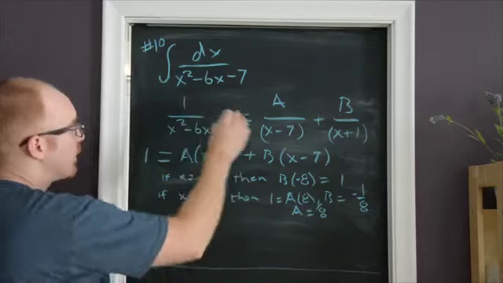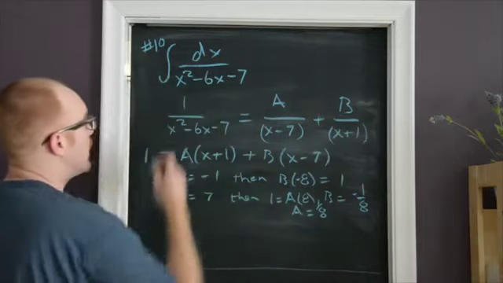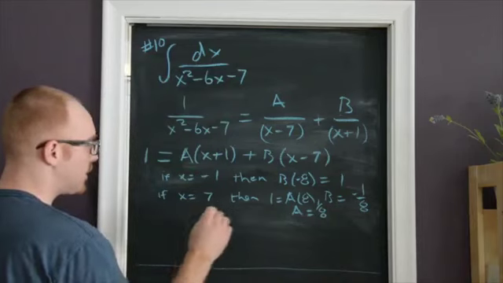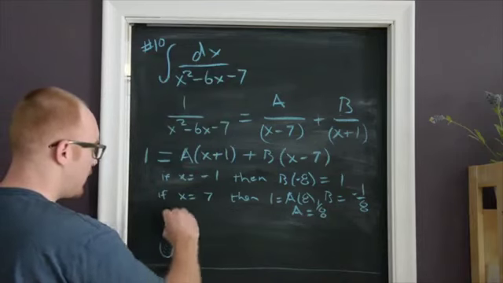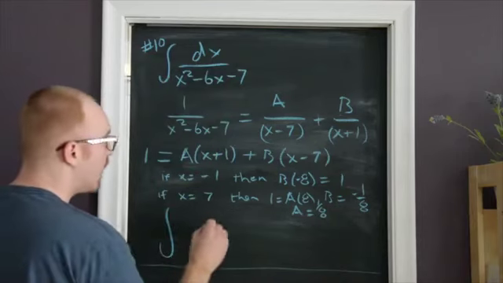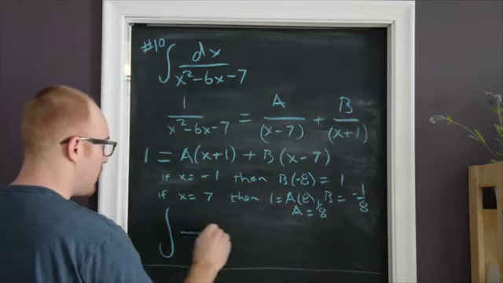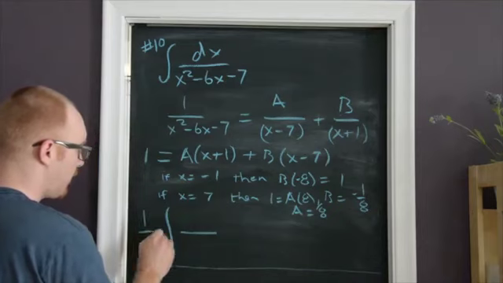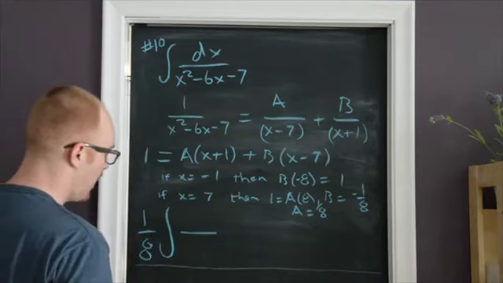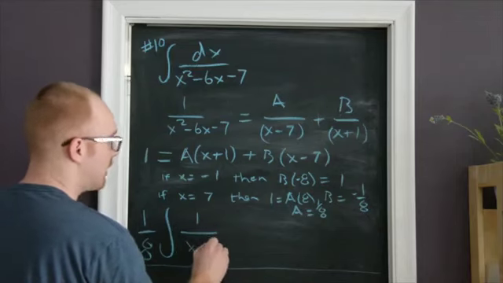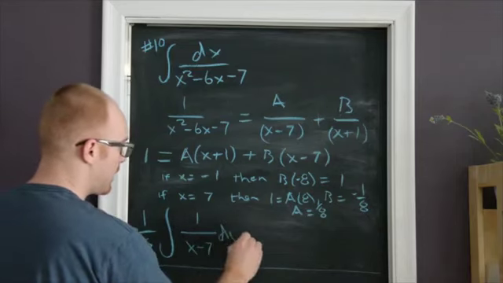So we could rewrite our integral using these two fractions now as opposed to one rational expression. So we get the integral of A over x minus 7, and A was 1/8. We can move the 1/8 out front, and it'd just be 1 over x minus 7 dx.